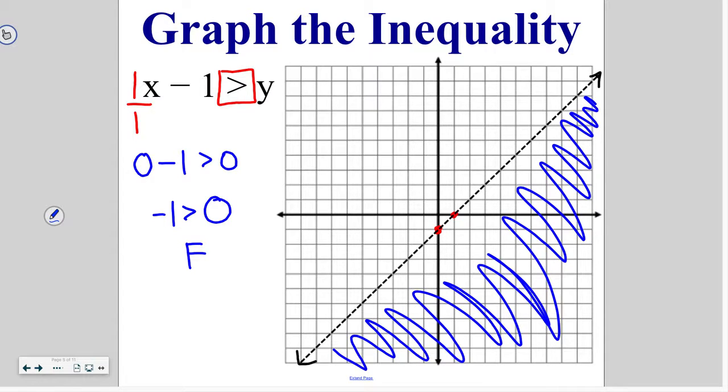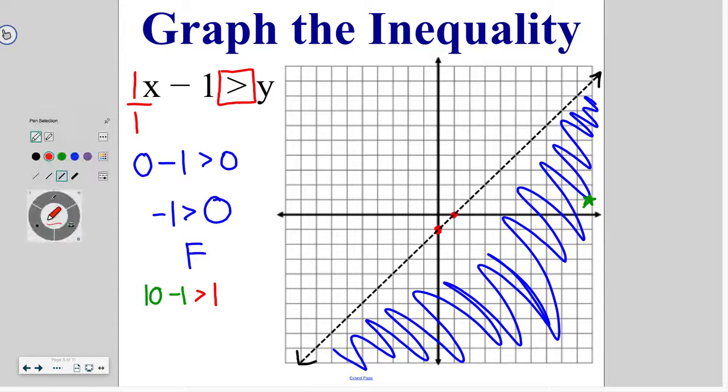So for example, if I pick an easy one and I pick (10, 1), so that's part of the answer. That means when I plug in 10 for x, 10 minus 1 is greater than 1 for y, I should get an answer that is true, and I get 9 is greater than 1, which is indeed a true statement.